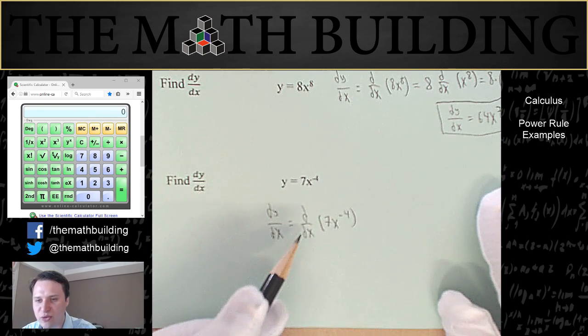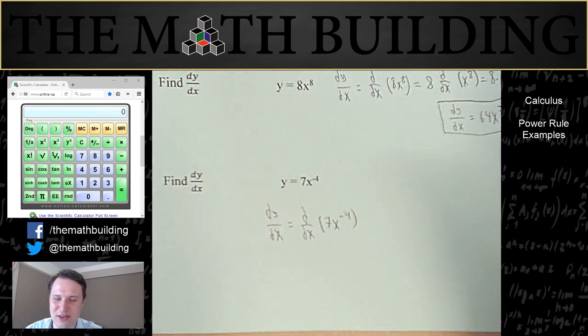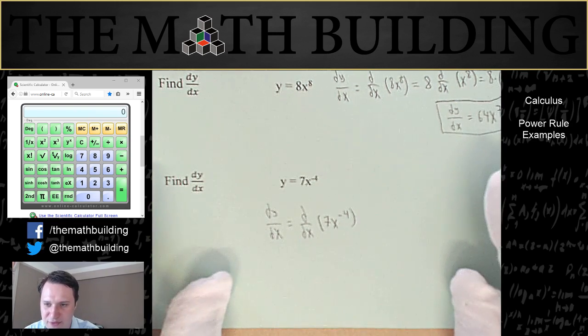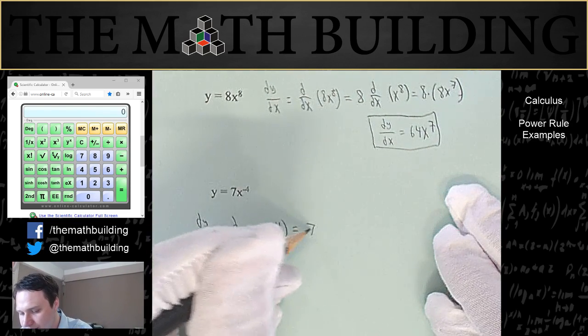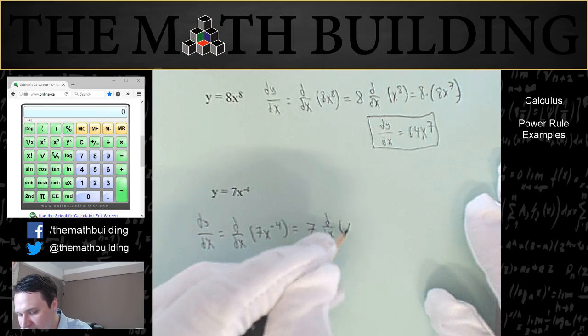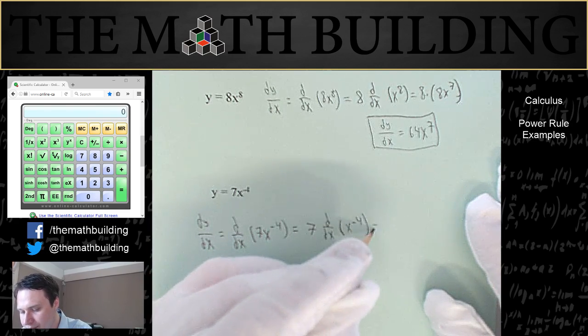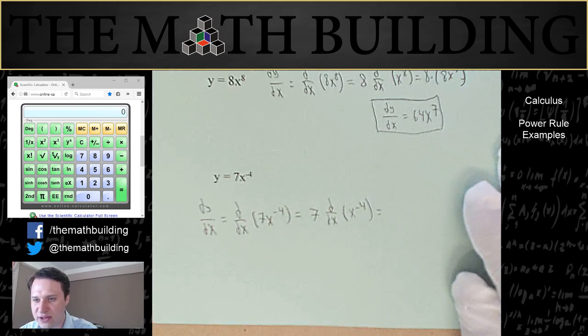And notice I said with respect to x. A little later, we're going to take derivatives with respect to different variables, but we're not going to worry about that for right now. So once again, I can pull the 7 out in front, and I have x to the negative 4. So we can pull the 7 outside of our derivative.